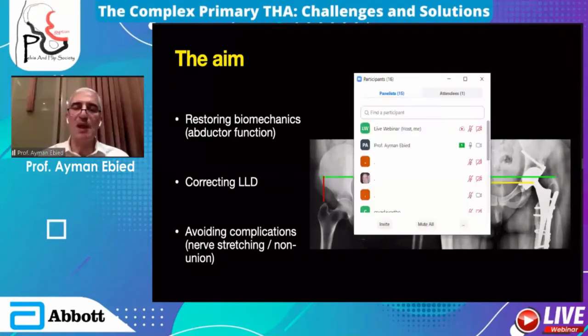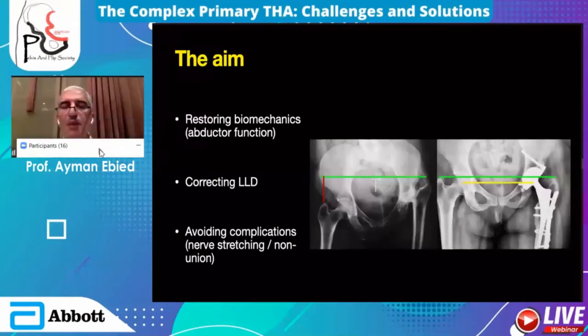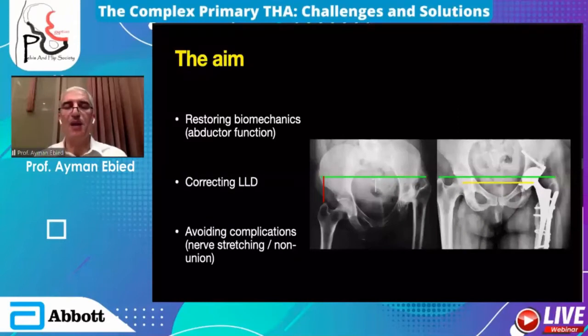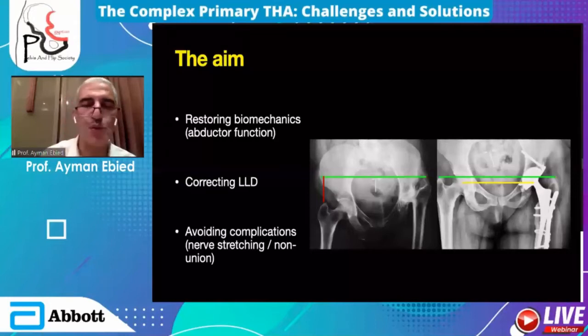Between this and that postoperative X-ray, there are quite a lot of technical steps that we consider in terms of correcting the soft tissue balance, as well as restoring the offset of the femoral neck and restoring the lever arm to the abductor mechanism of the hip joint.